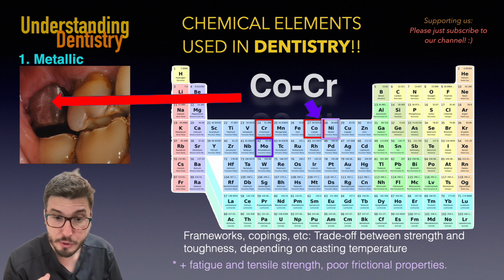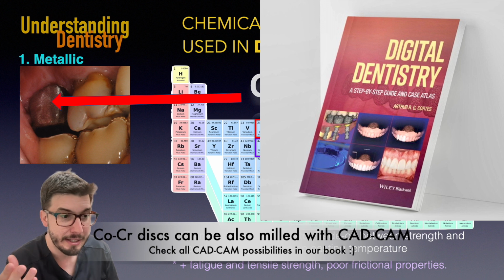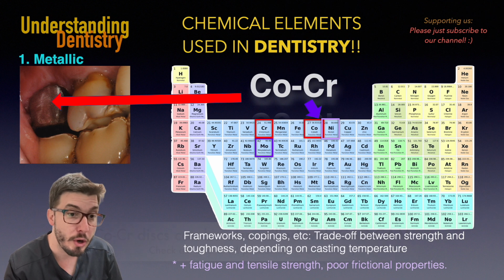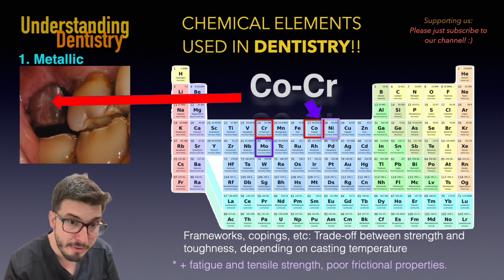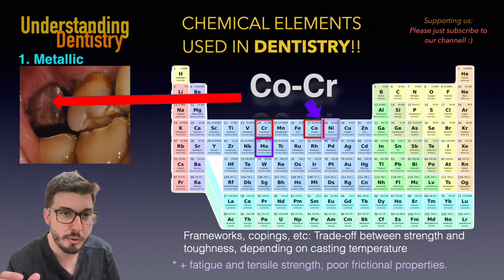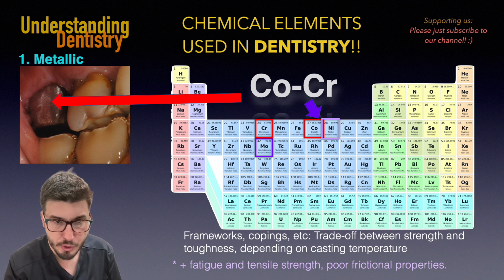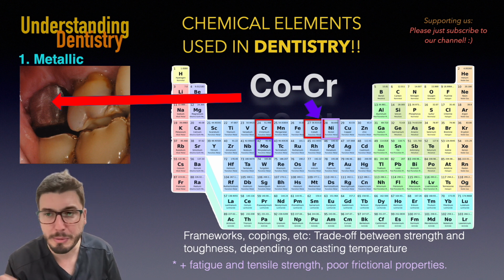Fatigue and tensile strength they have, but poor frictional properties. Those are the characteristics of the cobalt chrome alloy. And then they add molybdenum to make it more stable, and nickel as well they can add in minor proportions. So that's basically the alloy used, or the alloys that can be used in dentistry. Okay, so cobalt chrome molybdenum would be the most common one.